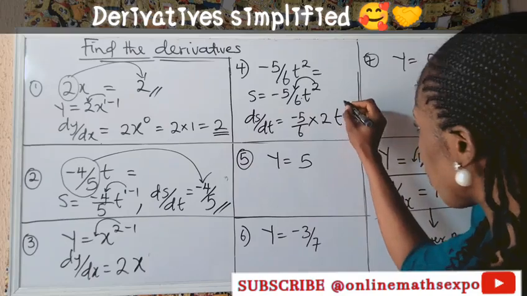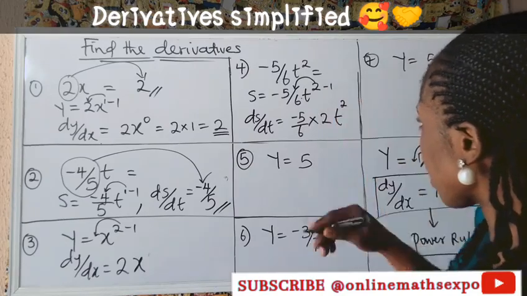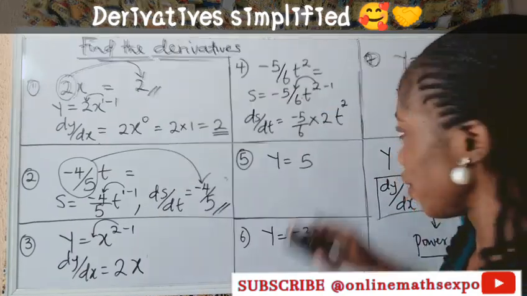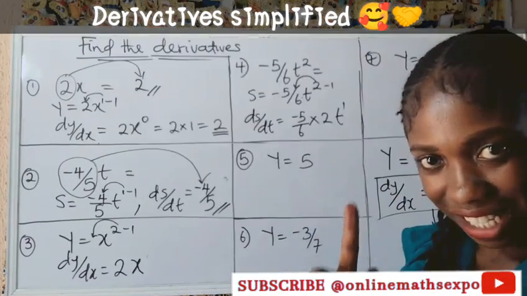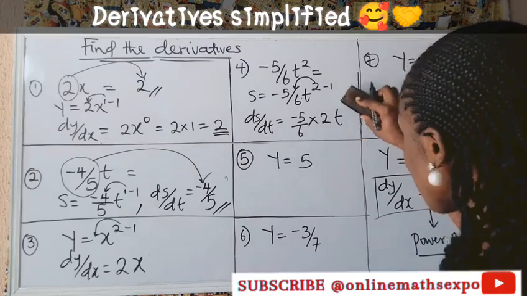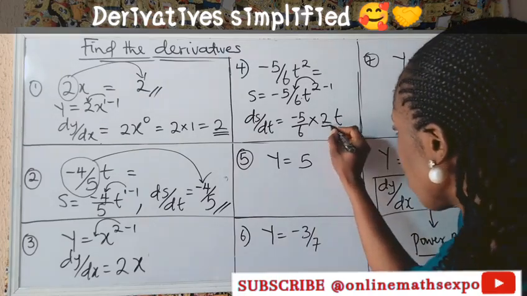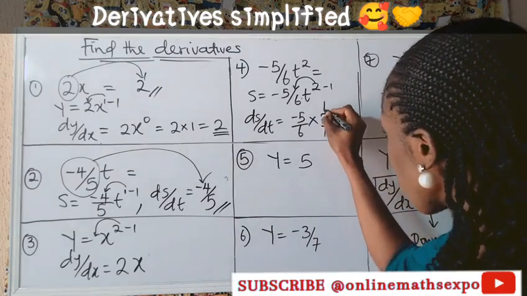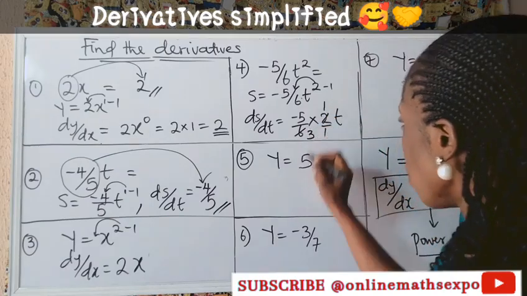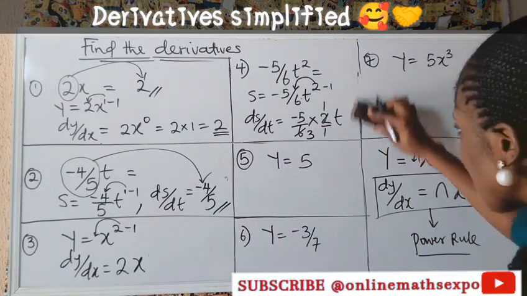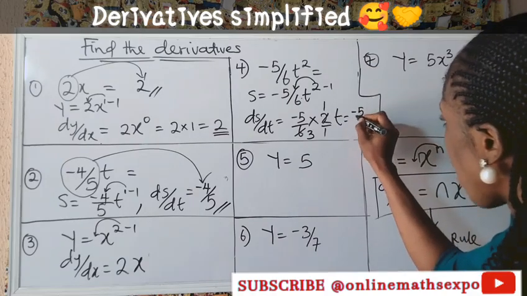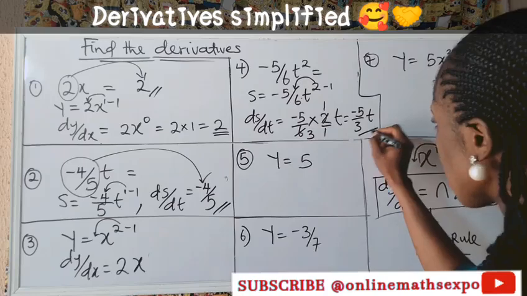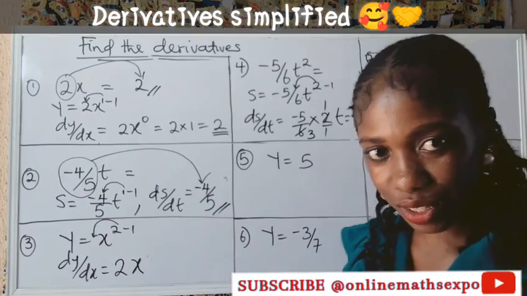Then t to the power of 2, you subtract 1, and 2 minus 1 is giving us 1. So we have t to the power of 1, and anything raised to the power of 1 is that number. So what it means is that we are going to have this over 1, this we cancel 1, and this we cancel 3. So our answer becomes negative 5 over 3t as the value of this particular question.